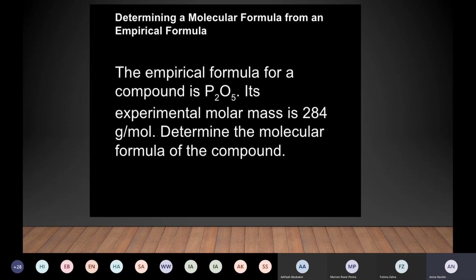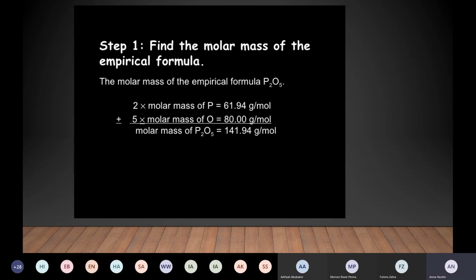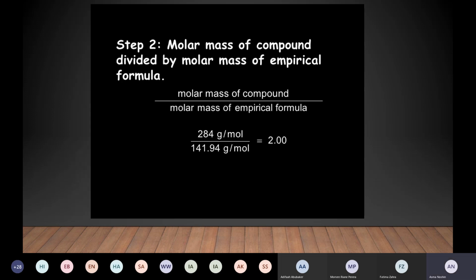Take that molar mass and the mass of empirical formula which you calculated. Both should be there with you. That's why I calculated empirical formula mass first.